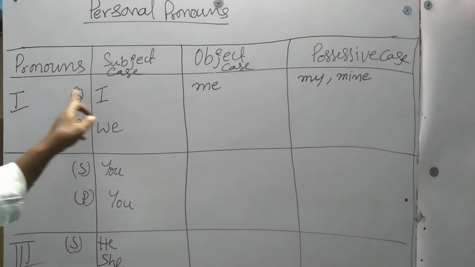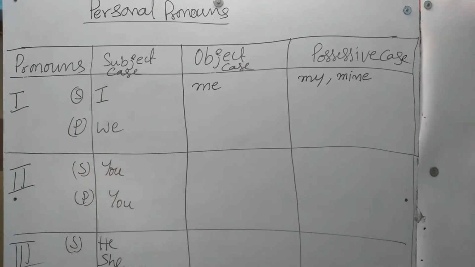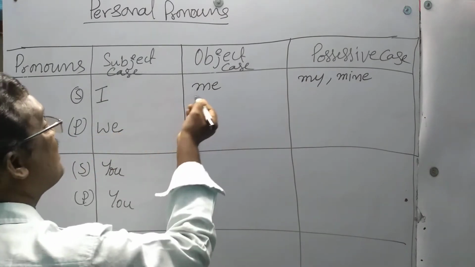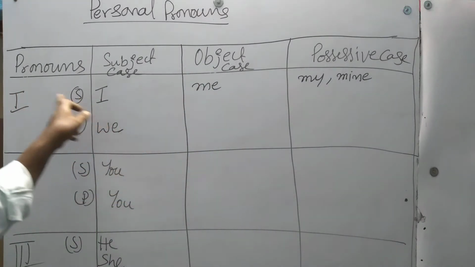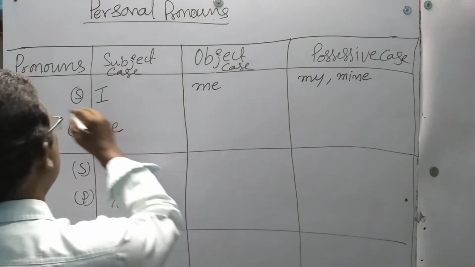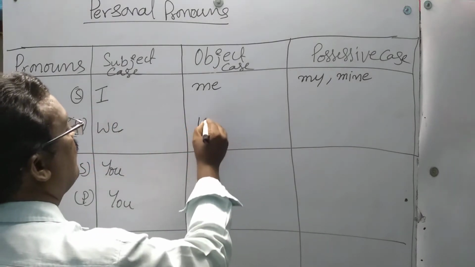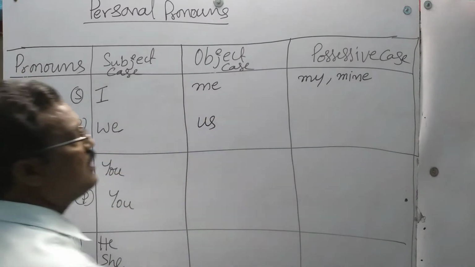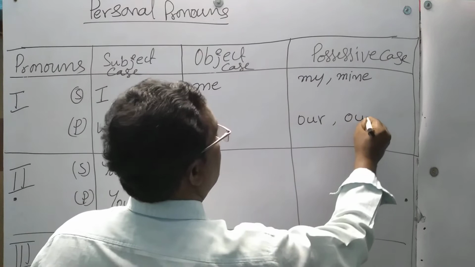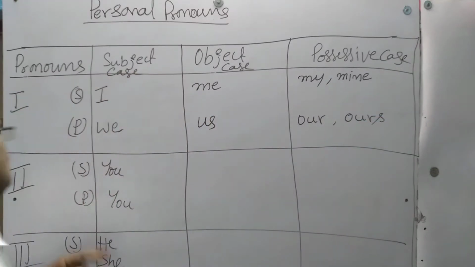Every person has singular and plural. What is the plural? Subject case we. What is the object case of the plural of first personal pronoun? First person we. Object case is us. Possessive case is our and ours.